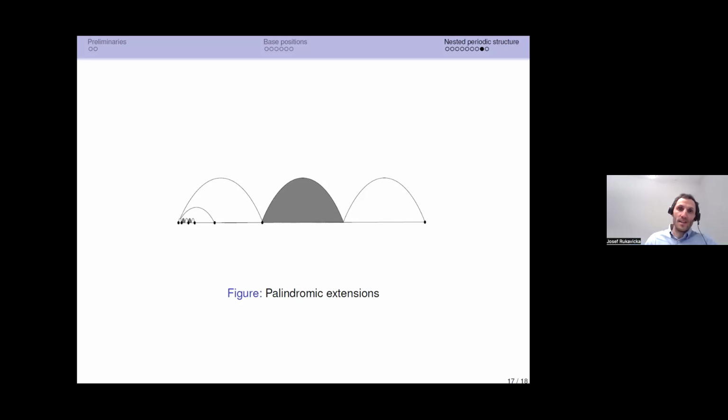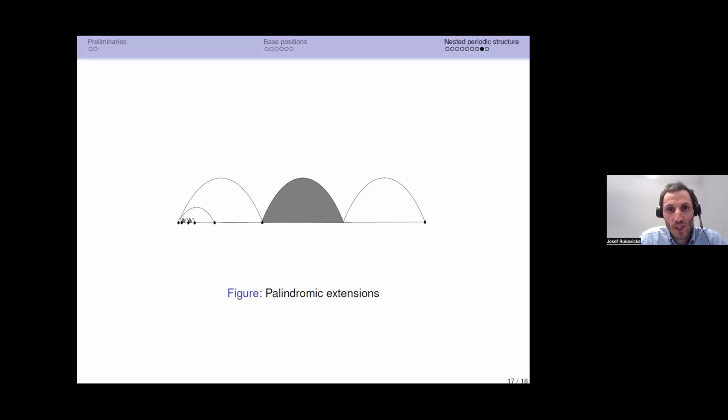And now the idea is that for a given palindromic prefix, if we pick one of these 3 non-periodic palindromic prefixes, for example, the biggest one, every non-periodic palindromic prefix allows me to construct one nested periodic structure.